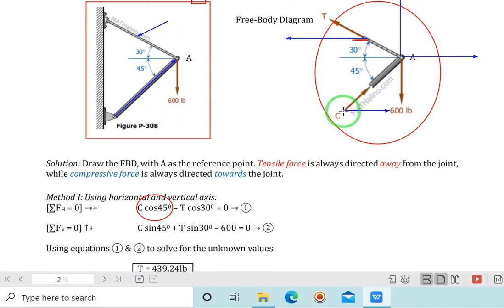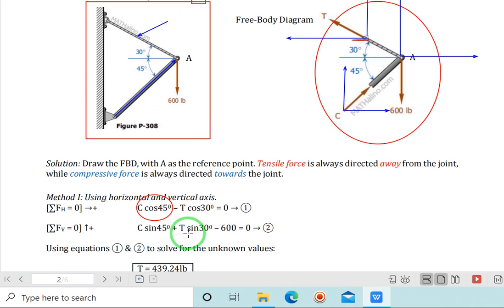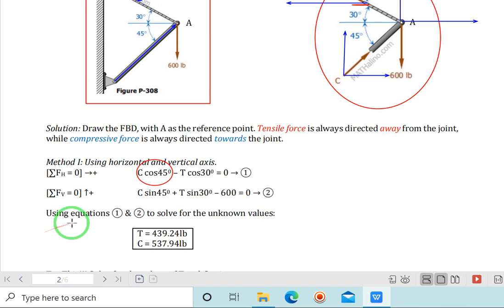The vertical component of the compression is upward, so that is positive: C sine of 45, plus the vertical component of your tension, which is also acting upward, so plus T sine of 30, while the 600 is downward, so minus 600 is equal to 0. So, using equations 1 and 2, solve for the unknown values.